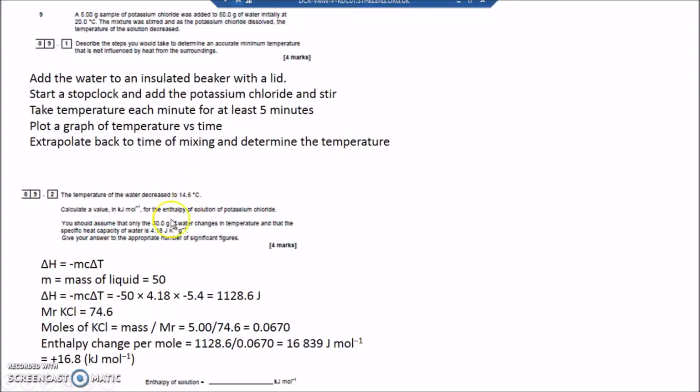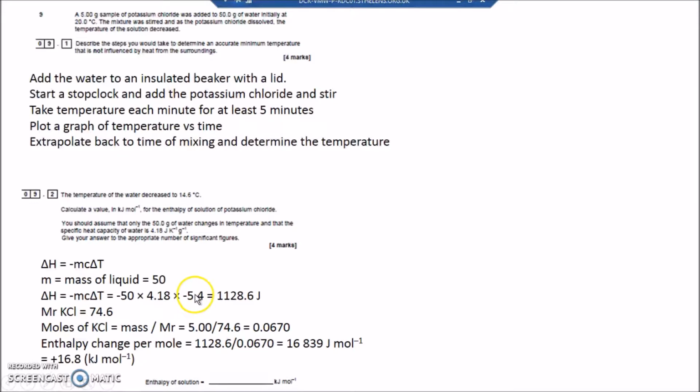m is the mass of the liquid that's used, 50 grams. Delta H equals minus mc delta T, so you've got minus 50 as the mass of the liquid. c is the specific heat capacity, which you're already given, 4.18 joules per Kelvin per gram, multiplied by the temperature change. The temperature has gone down from 20 to 14.6, so it's gone down by minus 5.4.